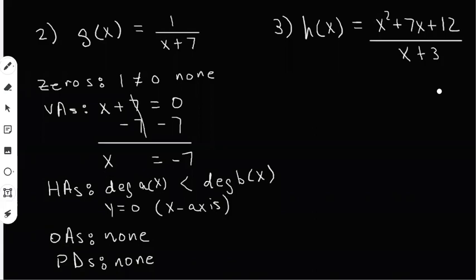How do I do that? I have to multiply to 12. 3 and 4 will do that. So I can factor this as x plus 3 times x plus 4. And those numbers do work because they multiply to 12, but they also add up to the middle number. That's 7. Okay, and the bottom is still x plus 3. That hasn't changed.